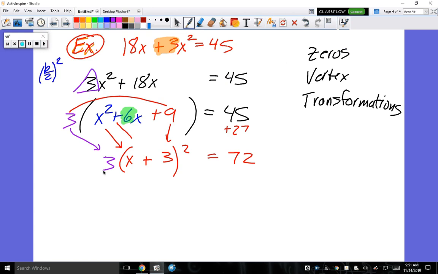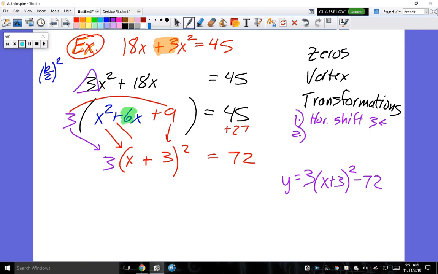So subtracting, I'll get y is equal to 3 times x plus 3 squared minus 72. My transformations in order, BCAD, just like with absolute value, will be a horizontal shift 3 to the left, then a vertical stretch by 3.